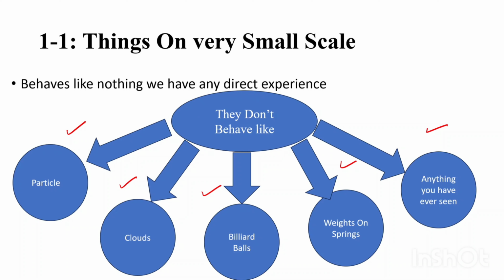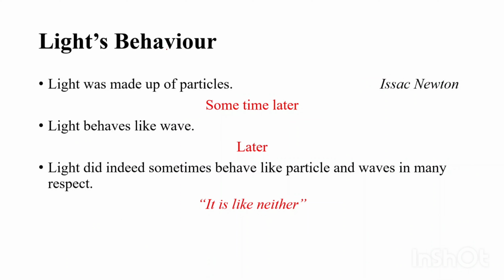Firstly, let me talk about how our previous scientists approached this problem. They took the behavior of light. One of the prominent scientists, Sir Isaac Newton, said that light was made up of particles.